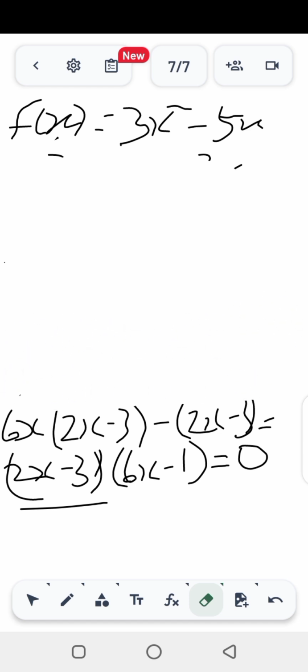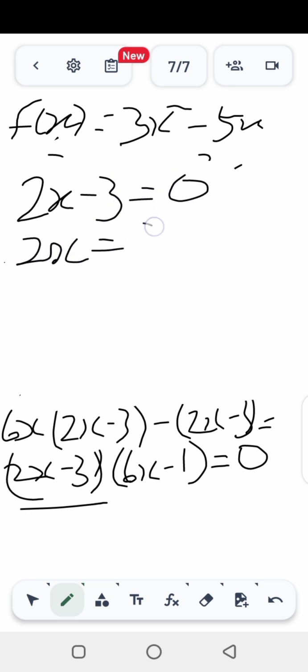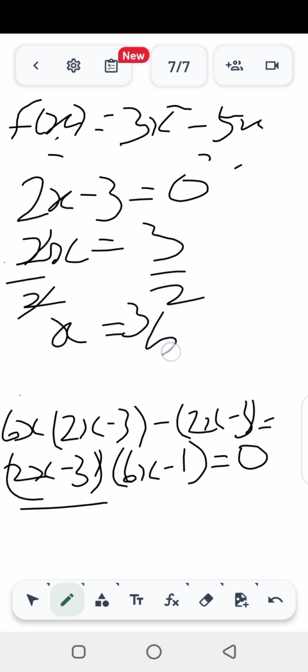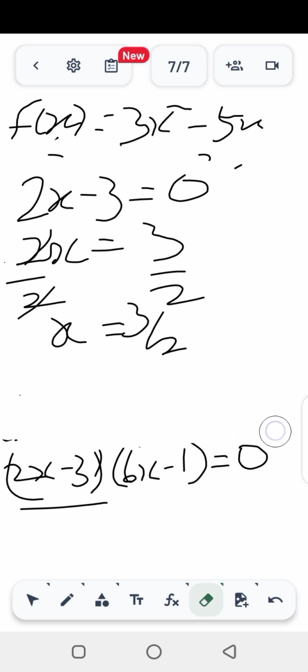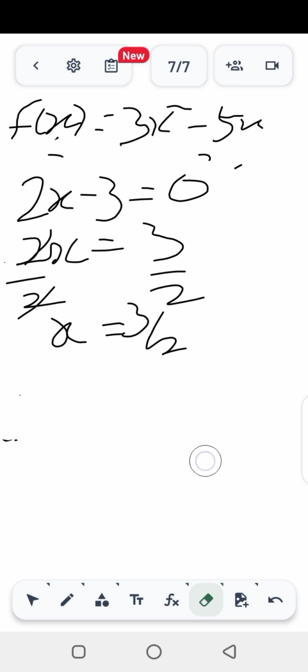Alright, so one factor is 2x minus 3, which is equal to 0. We have 2x equals 3, divide through by 2. Your x is equal to 3 over 2, or 1.5. Then you take the second factor, which is this binomial, 6x minus 1.